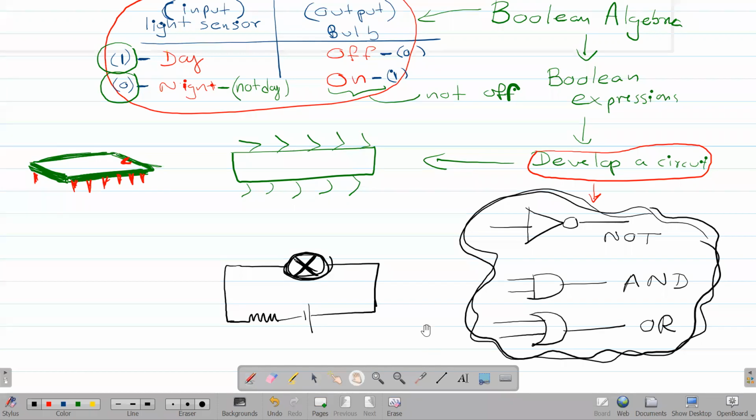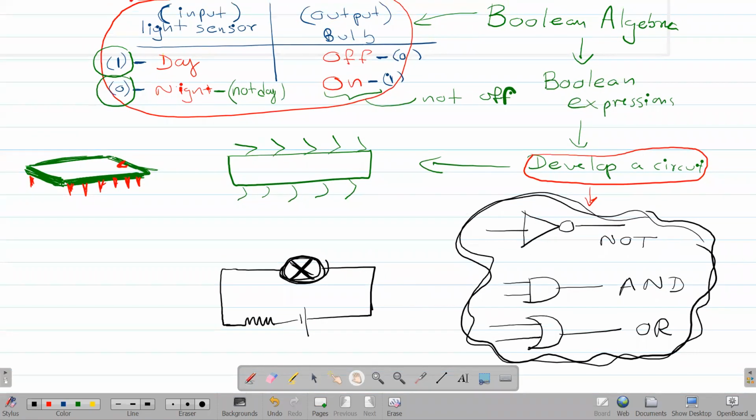Okay. Now, when it comes to Boolean algebra, to talk about the gates, there are two types of gates that we need to understand. When we are talking about the gates, we call them logic gates.